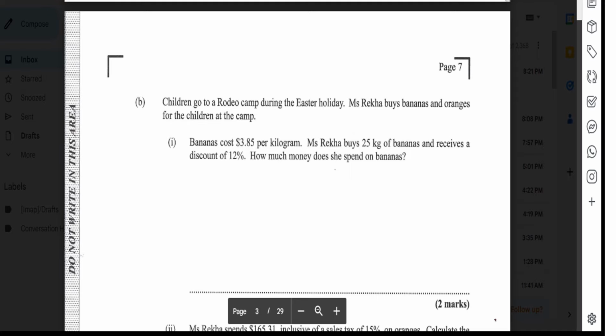Banana cost $3.85 per kilogram. Miss Rika buys 25 kilograms of bananas and receives a discount of 12%. How much money does she spend on banana?